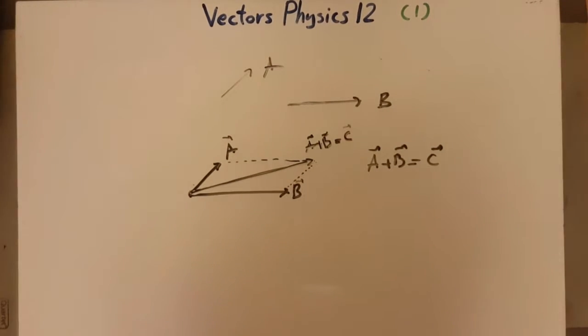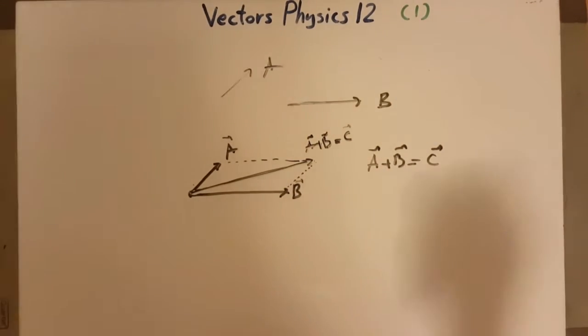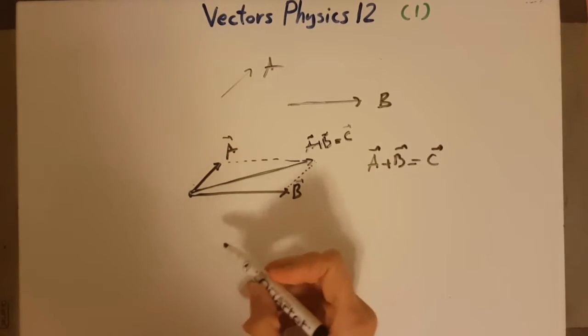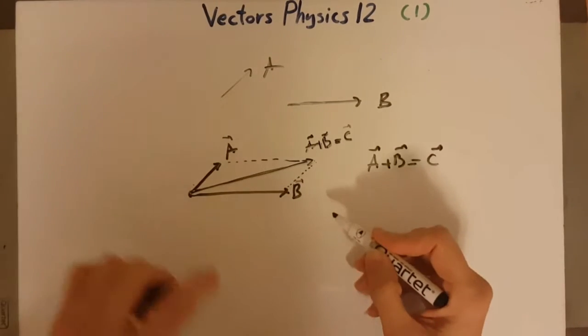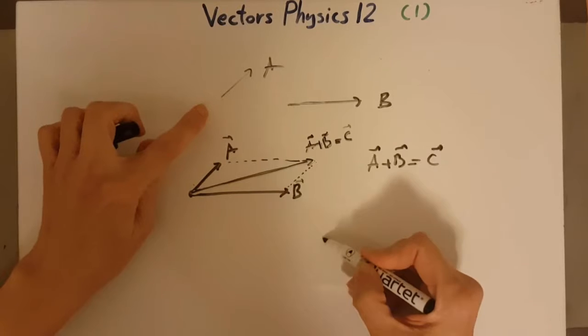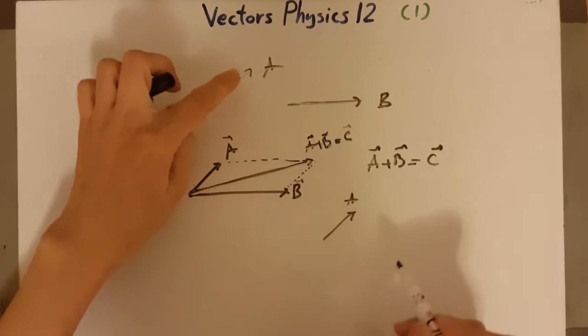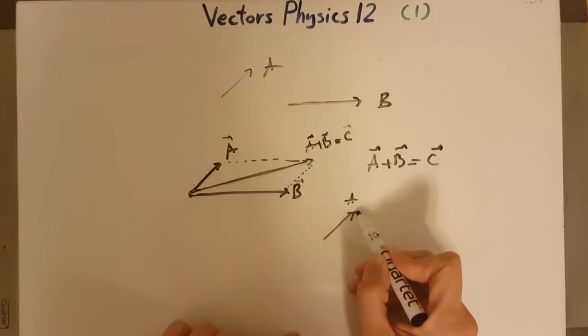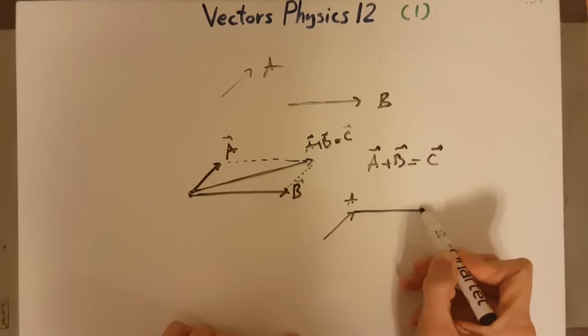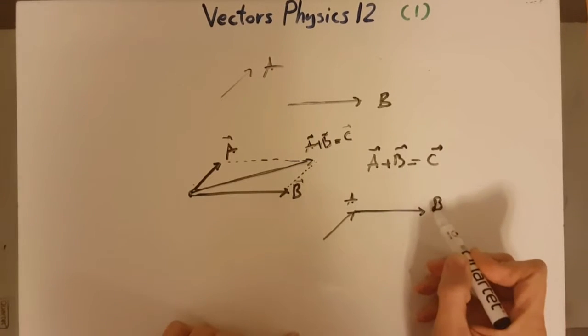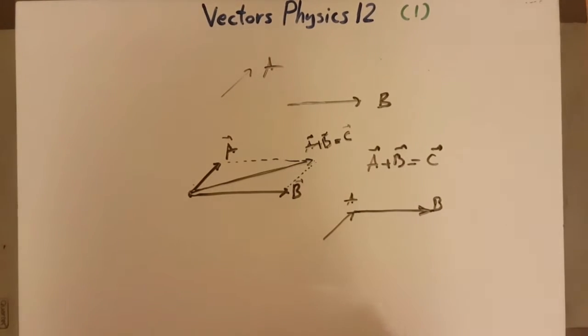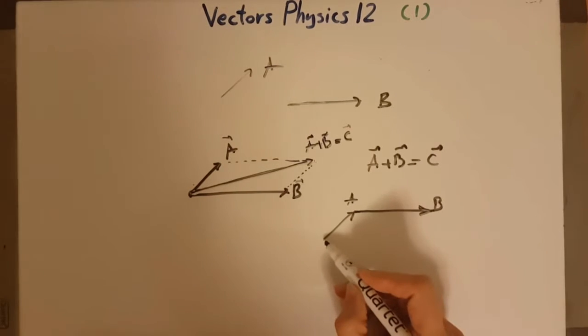Now there is another way of adding A and B together, and that way is the triangle way. You can draw A from here. This is your A, exactly equivalent to A, and B you draw from the end of A. This would be your B, and then this would be the addition.